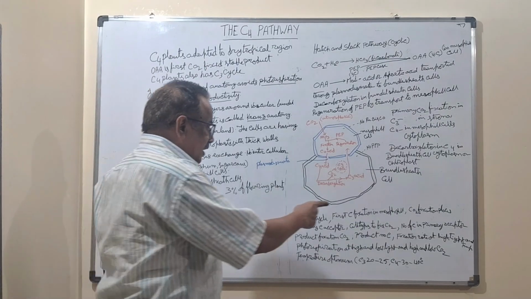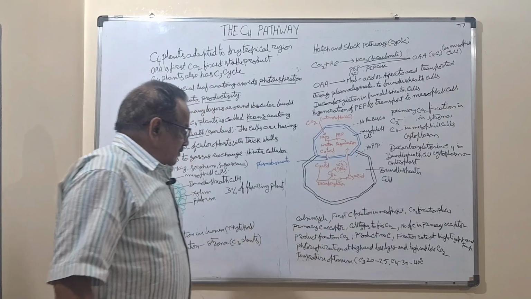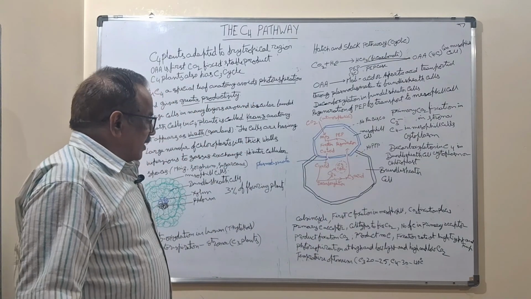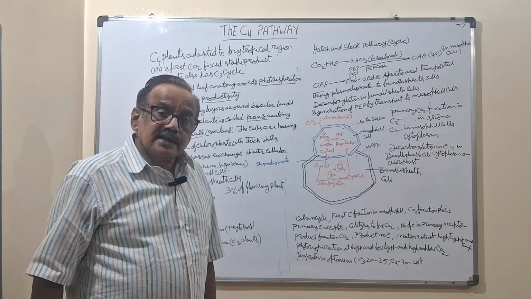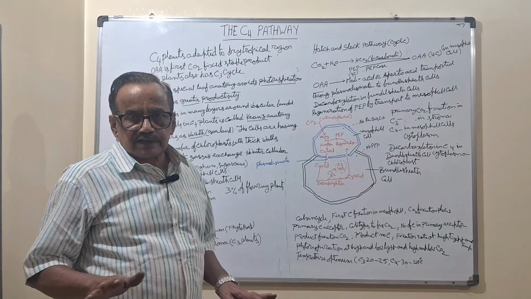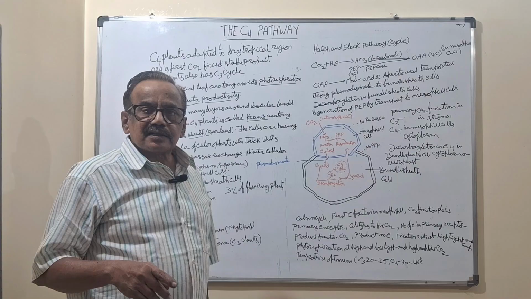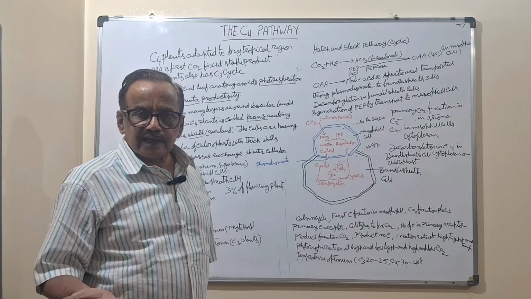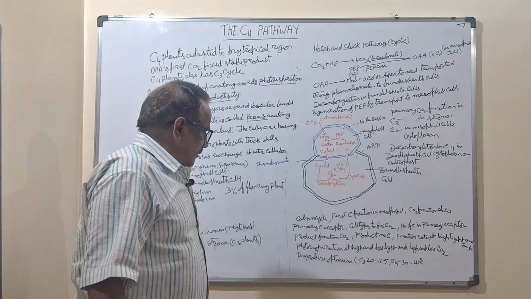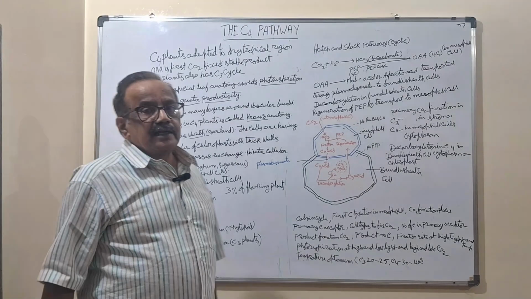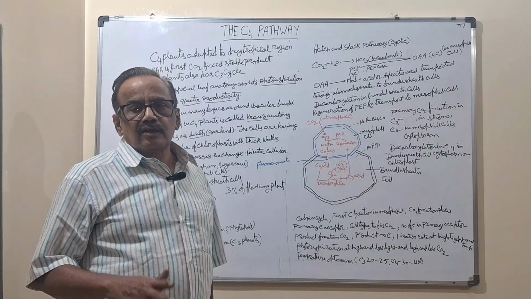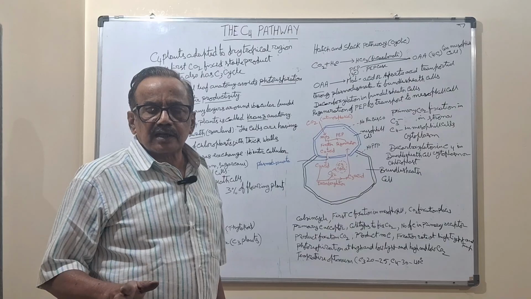And next will be high temperature, and next will be carbon dioxide. If carbon dioxide concentration increases, there is no effect, but if it decreases, then oxygen will be taken and photorespiration will take place. At high light, photorespiration will take place; at low light, there is no photorespiration.